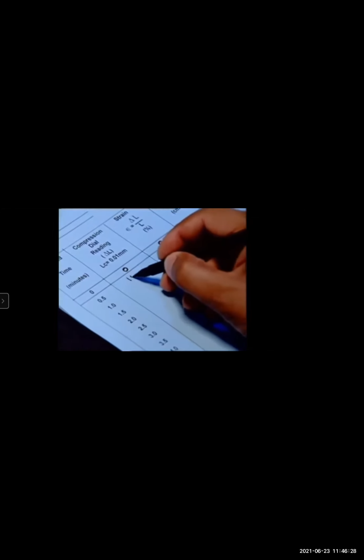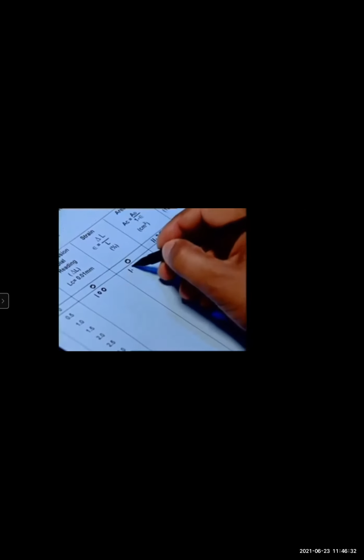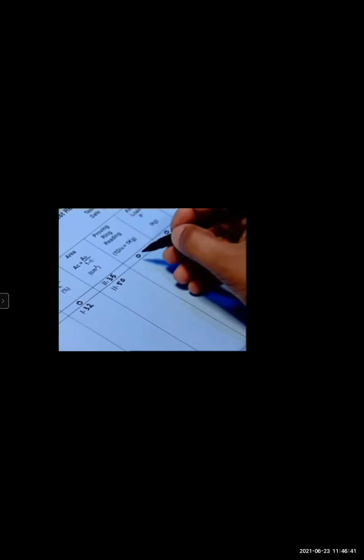So at the time we have 0.5 minute, compression dial gauge reading is 100, strain is 1.32, area is calculated as 11.50, proving ring reading is 1, axial load reading is 1 also, and compressive stress reading is 0.09 kg per centimeter square.